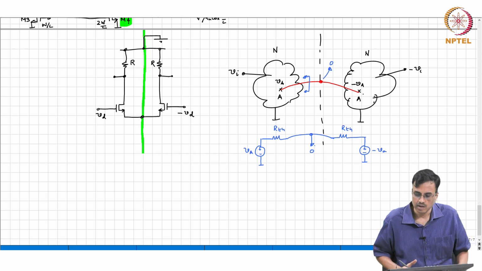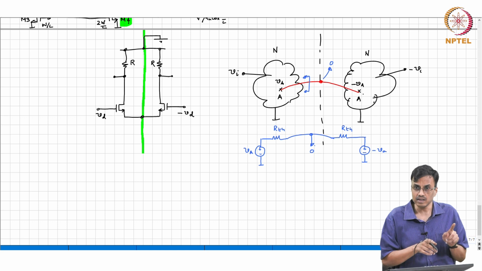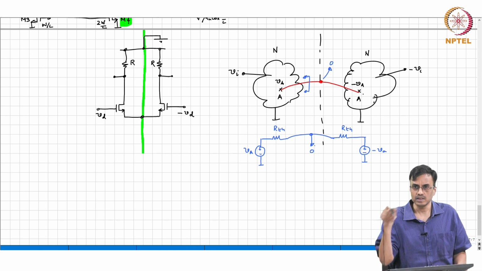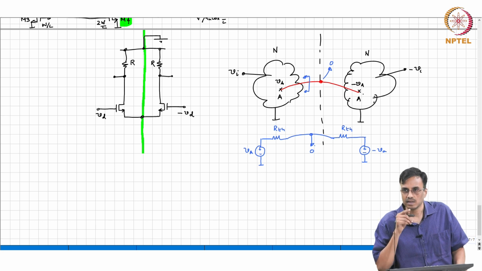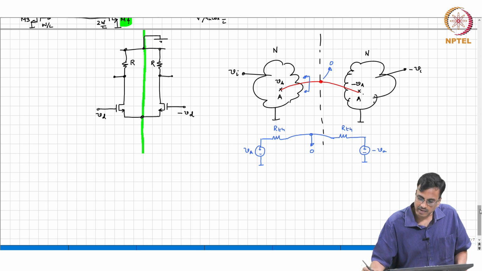Because of symmetry, the circuits are exactly identical, and therefore, the Thevenin equivalent is the same, and therefore, if you join these two nodes, the voltage at the middle will be 0. Okay.